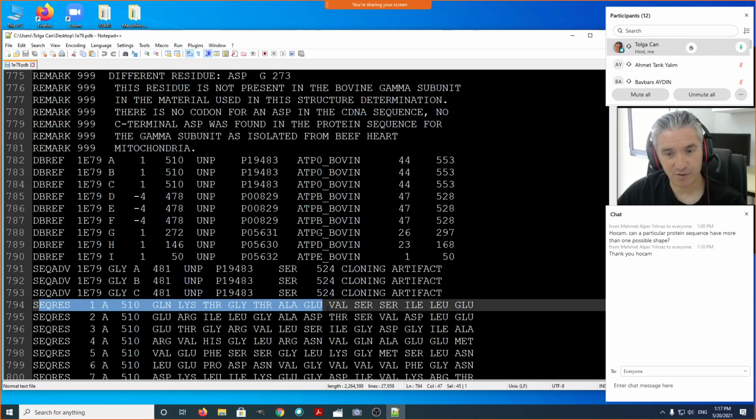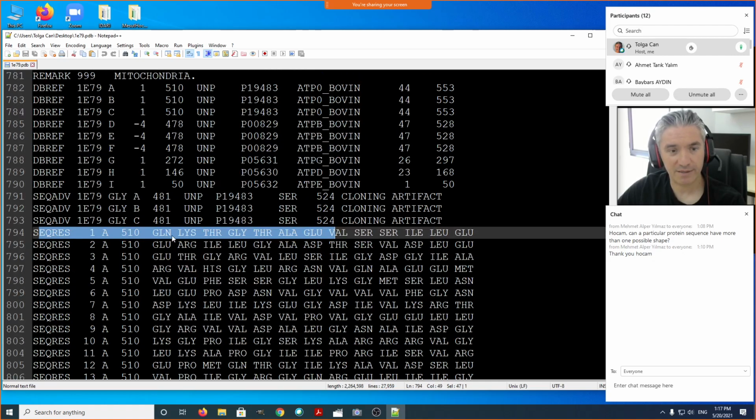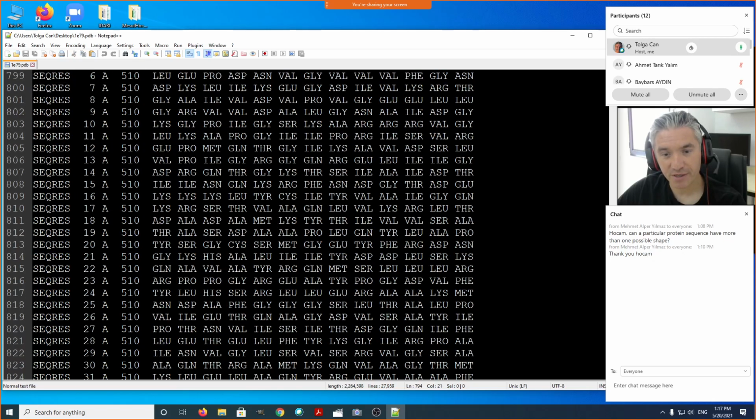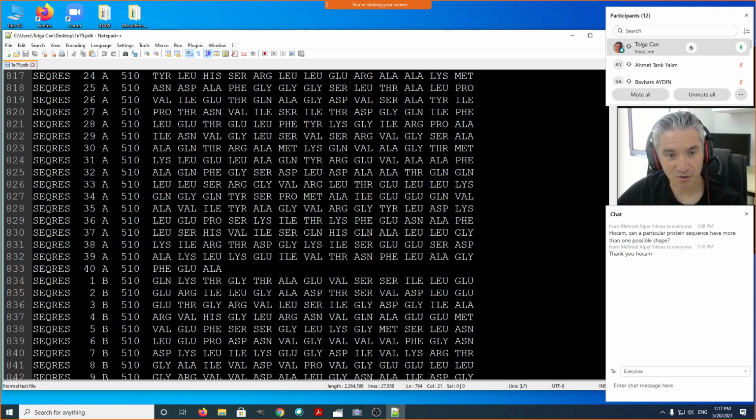The amino acid sequence is given as three-letter amino acid codes. Here, these are individual lines. I think this is the total length of chain A. It contains 510 amino acids. And this is the sequence of amino acids from N terminus to C terminus.